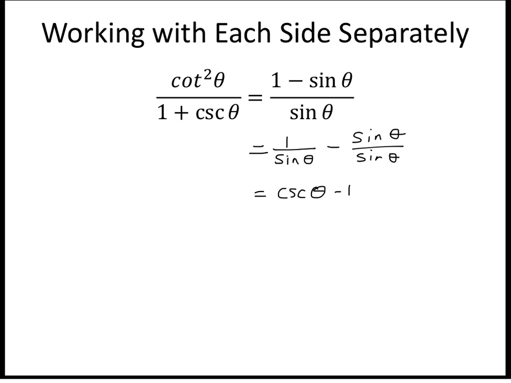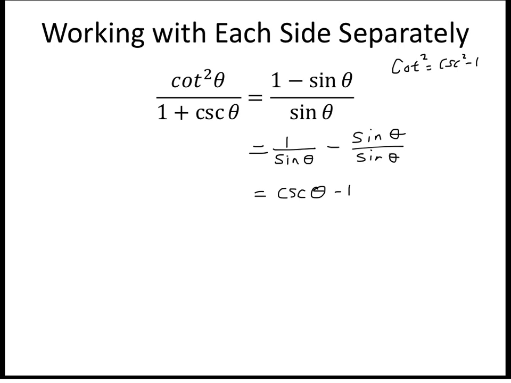Well, now I can look at my other side of my equation. And I see here that I've got cotangent. And remember we said cotangents and cosecants play nicely together. So if I remember that 1 plus cotangent squared equals cosecant squared, then cotangent squared equals cosecant squared minus 1.